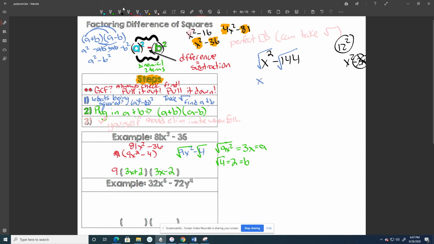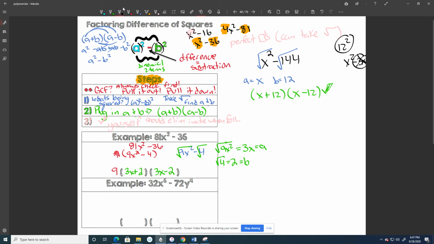And when I take the square root of 144, I get 12. So this is my A and this is my B. And now all I have to do is plug them back in. So A plus B multiplied by A minus B. And I'm done. Well, you're not done because you're going to check your work and make sure you've got the right answer.